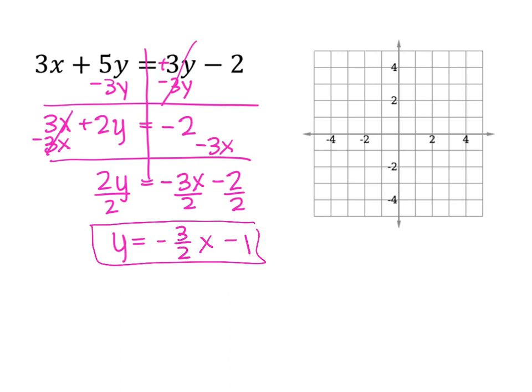So this is the equation I'm going to try to graph. In order to put that on my graph, I need to say what is my slope and what is my y-intercept. My y-intercept is the place that I start on my graph. So I know that my b value is -1. So I go to my graph on the vertical axis, because that's my y-axis, and I put a point at -1.